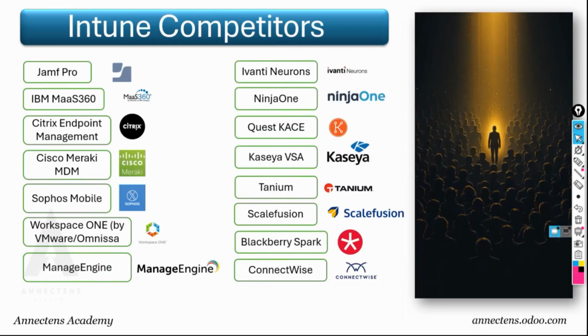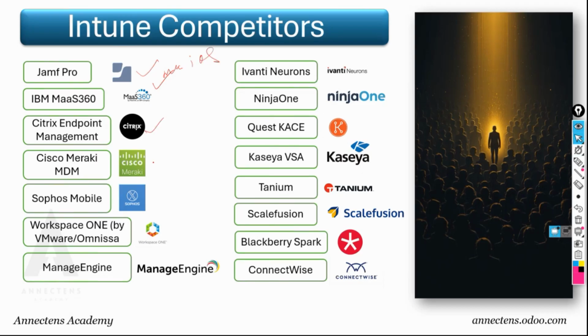All right. So next, let's talk about the competitors. Why does Intune stand out? There are multiple competitors like Jamf Pro, which is especially used for Mac and iOS devices.